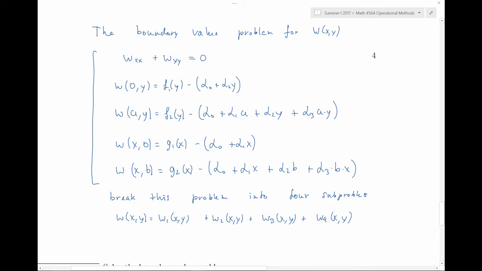So W will have 4 components. Each one will satisfy the equation with only one boundary non-zero. Say make W1 satisfy the equation with F1, W2 satisfy the equation with F2, W3 will satisfy the equation with G1, and W4 will be responsible for making G2 boundary non-zero. When you add all 4 of them together and then add the function v, this will give you the final solution to the boundary value problem.